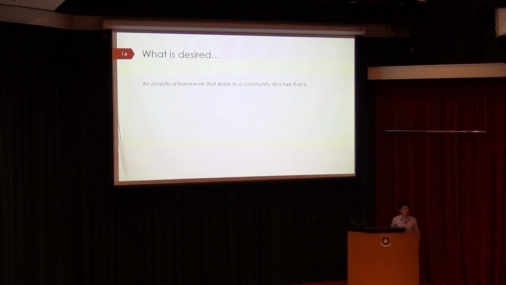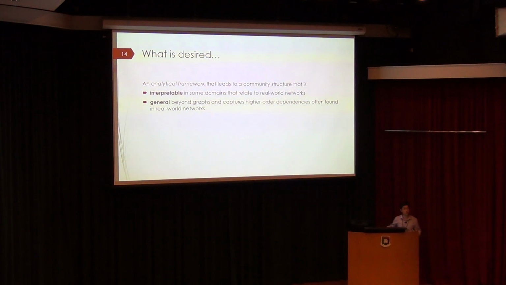So what do we want? This is probably more important than the solution. So what do we want? We want basically a framework that is analyzable, so an analytical framework, but then at the same time it should have some desired properties. One of them is it should be interpretable in some domain of interest, so it connects to the real-world networks.